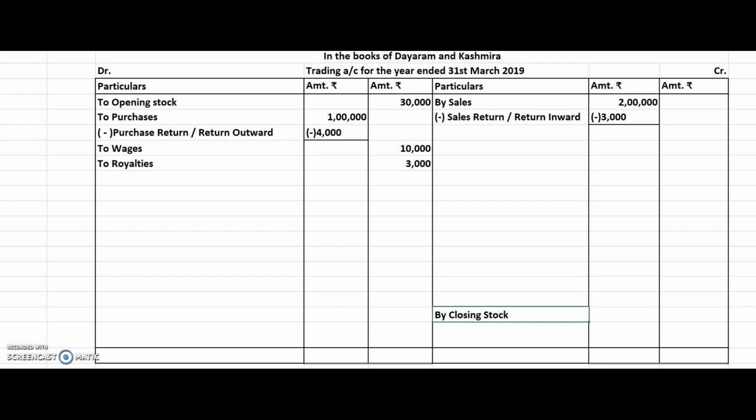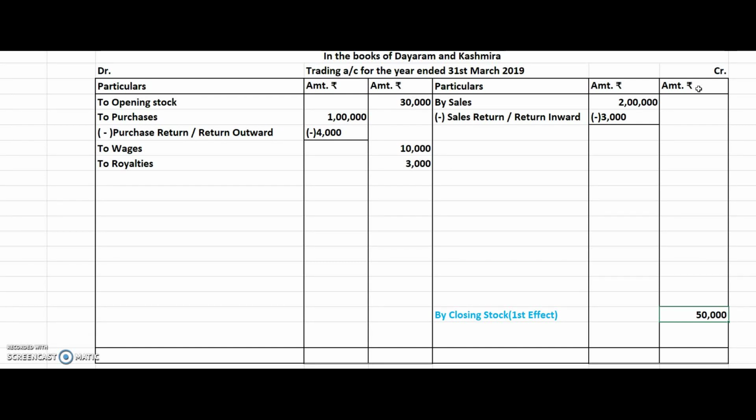It's a fixed item. It will always come as the last item on the credit side. 50,000. Now this is the first effect. Now please understand, if you look right above, this is a credit side. So this is a credit effect. Now we have to give a debit effect.